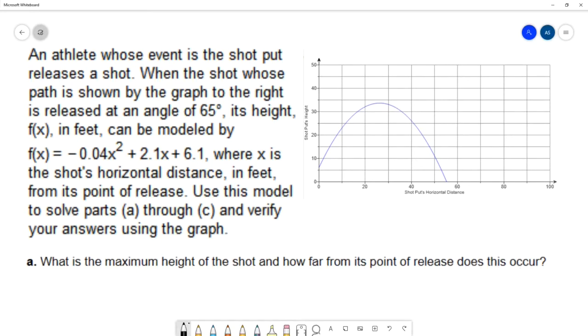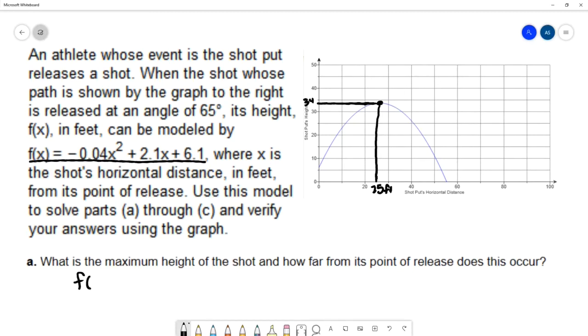Using the picture here, we can estimate it, and it looks like the maximum height is probably about 34 feet, and how far from its point of release looks to be maybe 25 feet. But we're going to be able to find the exact answers using the function that we're given here.